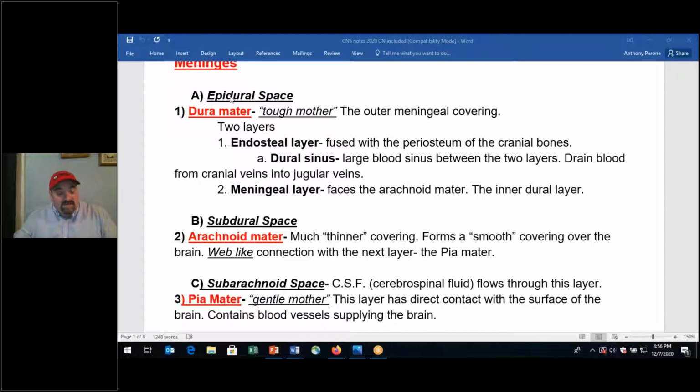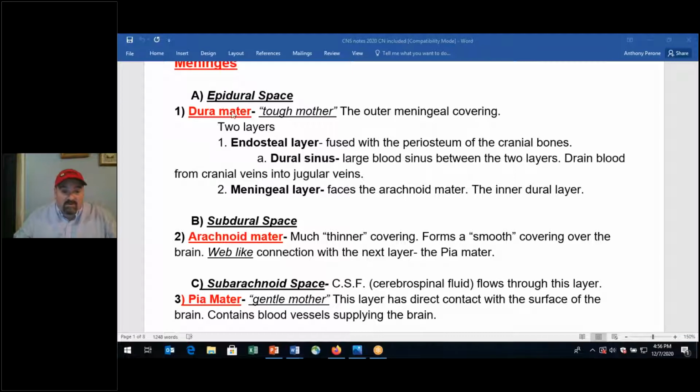So if the epidural is outside of the dura mater, the subdural space is below the dura mater. And so then we have the arachnoid mater, and below that would be what? The subarachnoid space, which is where we have the CSF, the cerebral spinal fluid, flowing through that layer and bathing the CNS structures, the brain and spinal cord. Okay?